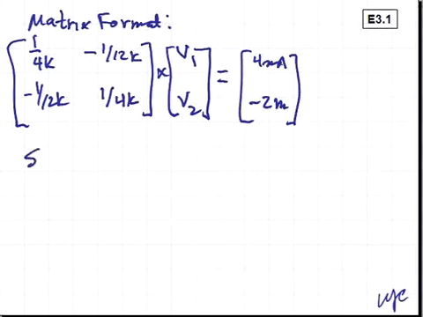And if you solve this by your favorite technique, we have V1 is equal to 15 volts and V2 is equal to minus 3 volts.